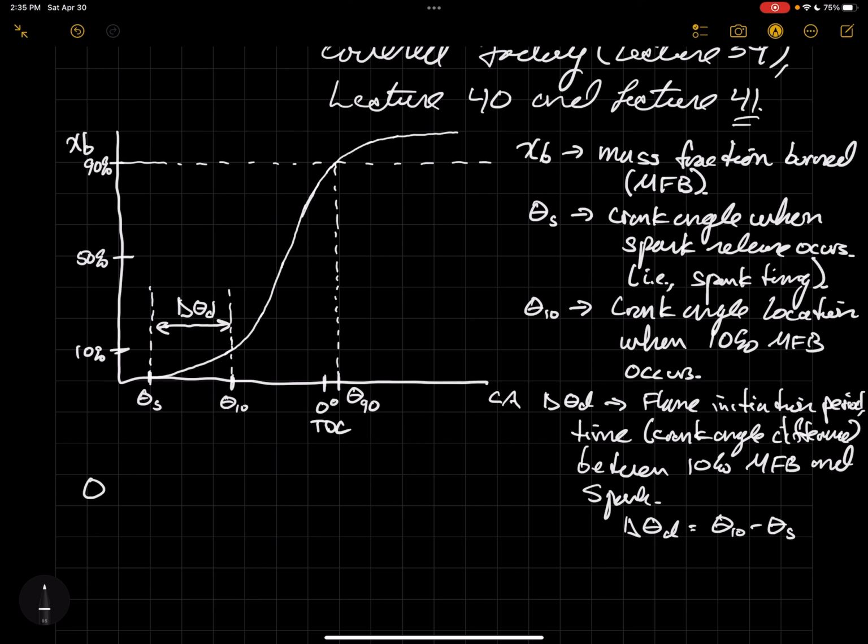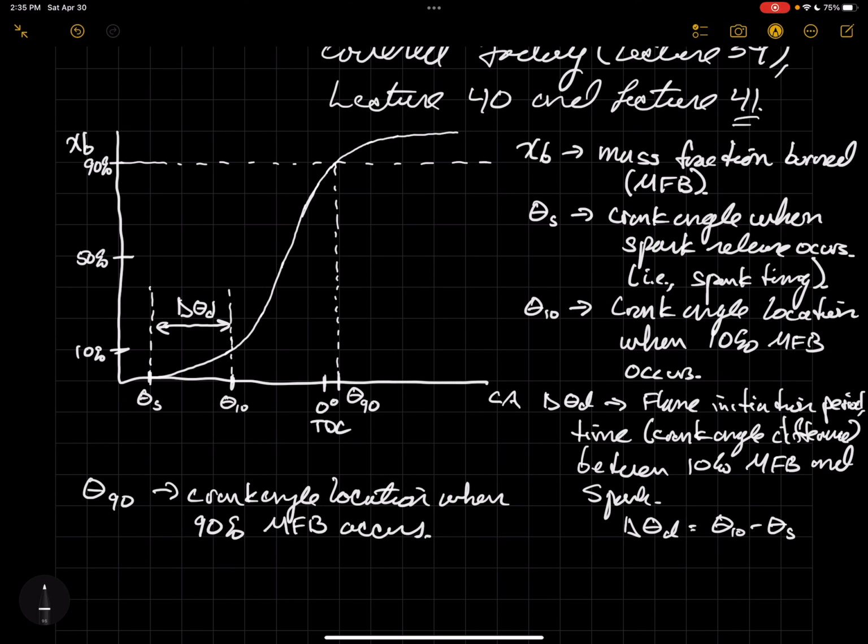And like theta 10, theta 90 is that crank angle location when 90% mass fraction burned occurs. Okay?